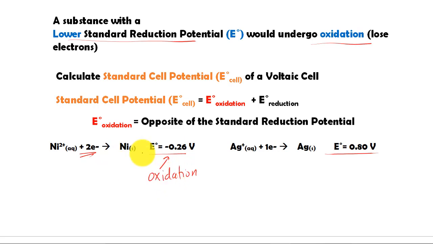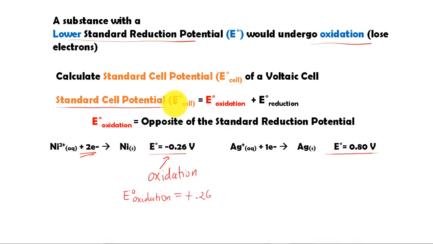Since oxidation and reduction are opposites, the oxidation potential would be the opposite of the reduction potential, which is the opposite of negative 0.26 volt. Therefore we have plus 0.26 volt. Then we plug into the equation of standard cell potential to find the E cell of this voltaic cell.